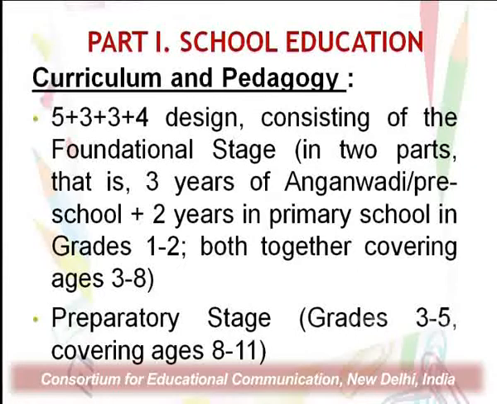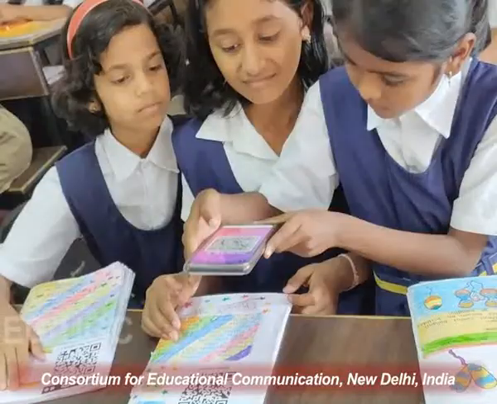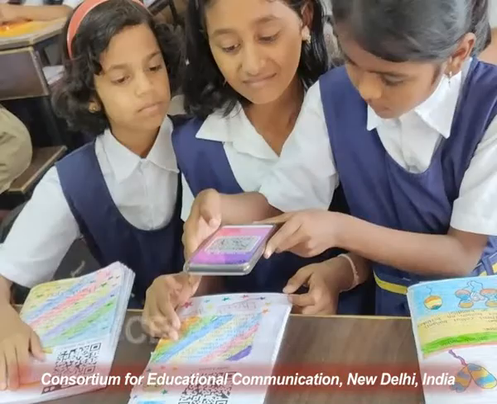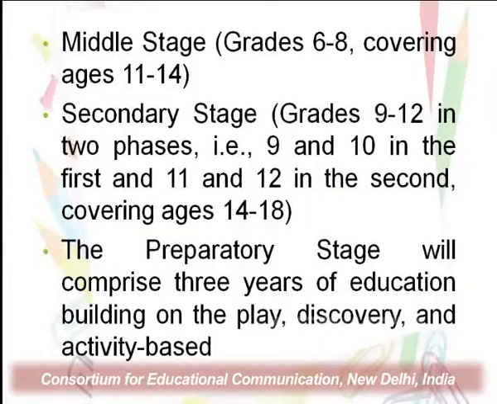The second stage of the curriculum and pedagogy design introduced in NEP 2020 is the preparatory stage, that is grades 3 to 5, which covers age 8 to 11. Then there is the middle stage, which covers grades 6 to 8 and the age group 11 to 14.